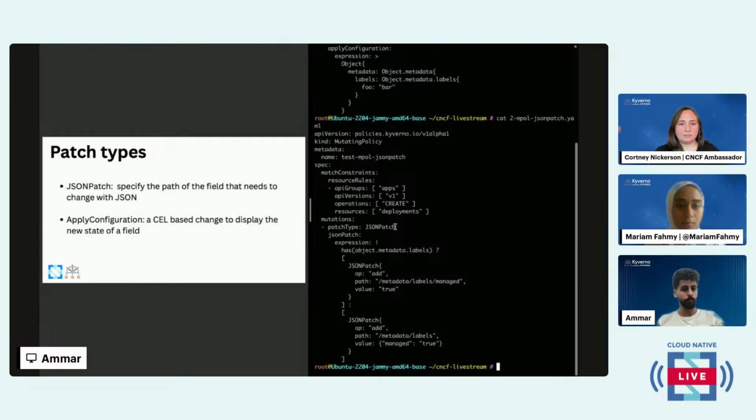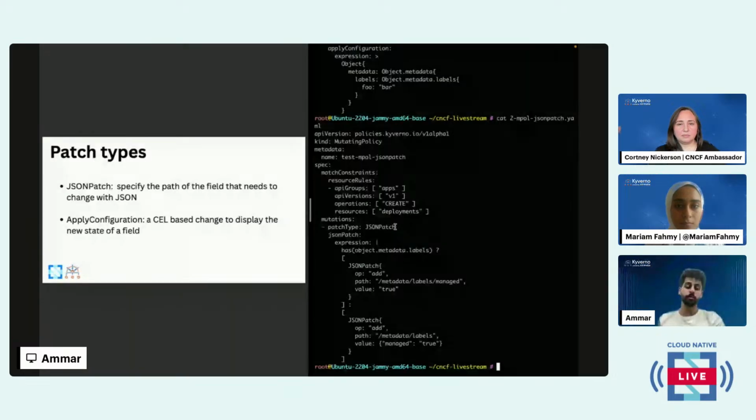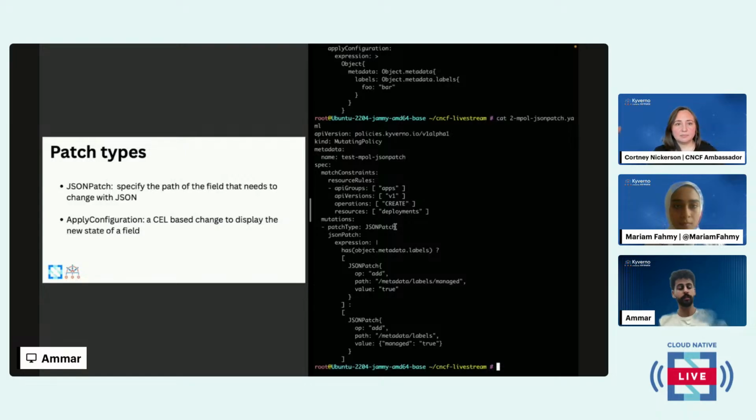The answer to this question is JSON patch is better when you want to modify, for example, the list of containers in a deployment.